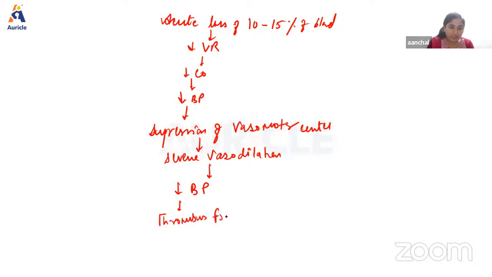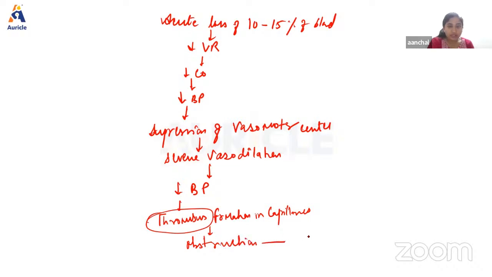And it will lead to thrombus formation in capillaries. Thrombus means clot, right? So it will lead to obstruction, and obstruction will lead to an increase in hydrostatic pressure. Hydrostatic pressure will increase.